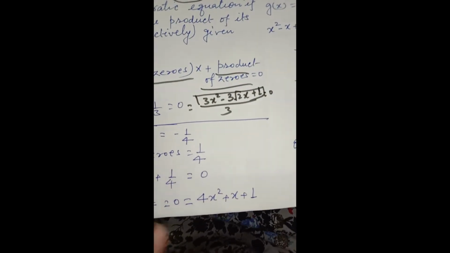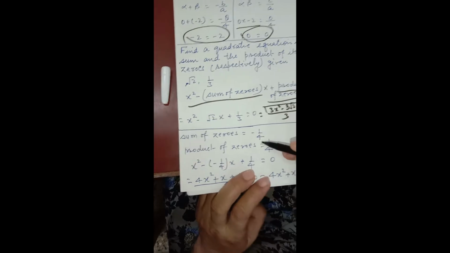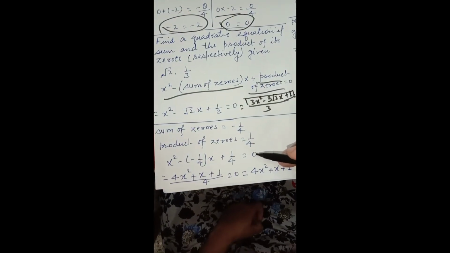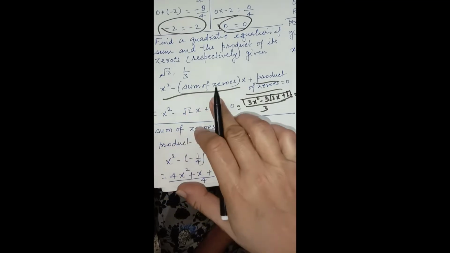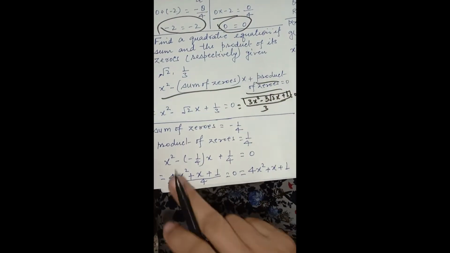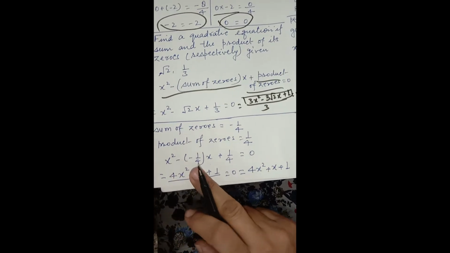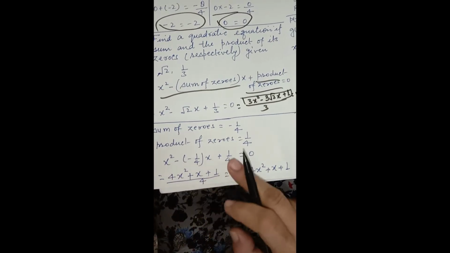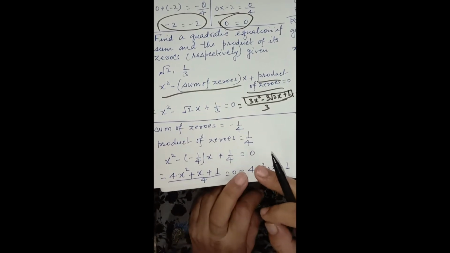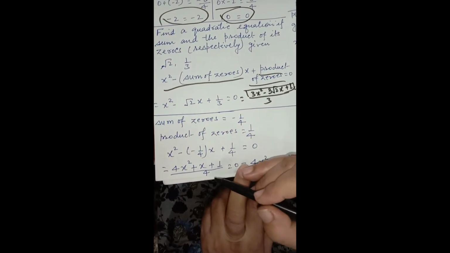Now next, sum of the zeros is minus 1 by 4 and the product of the zeros is 1 by 4. So in the same way, x square minus sum of the zeros into x plus product of the zeros. So x square minus 1 by 4 into x plus 1 by 4 equals to 0. So further solving, we can take 4 as LCM.